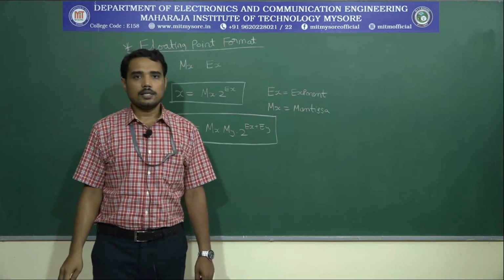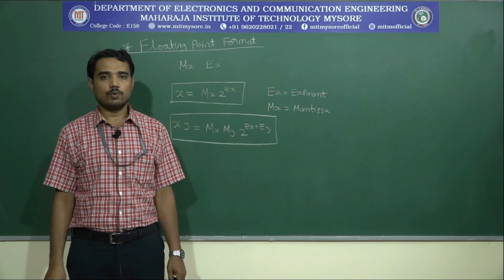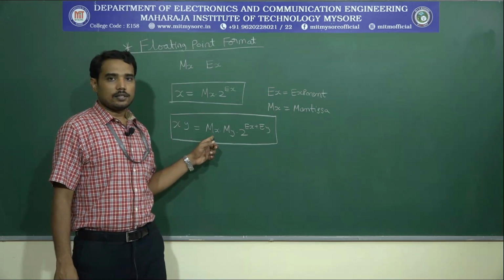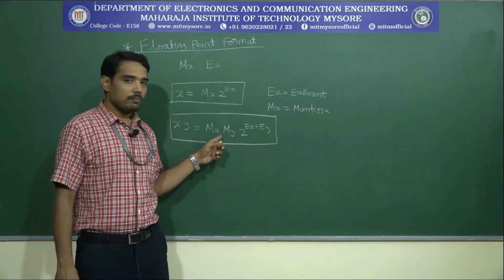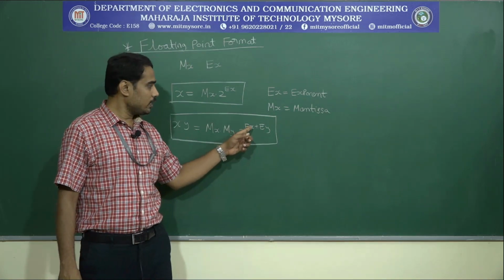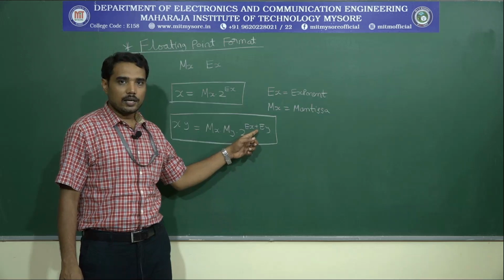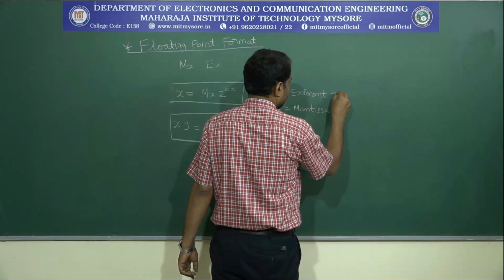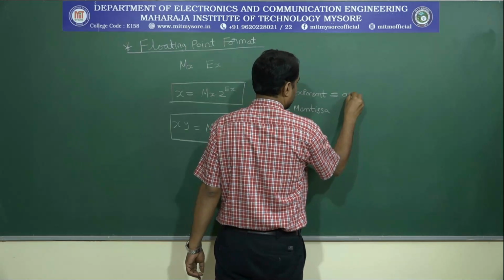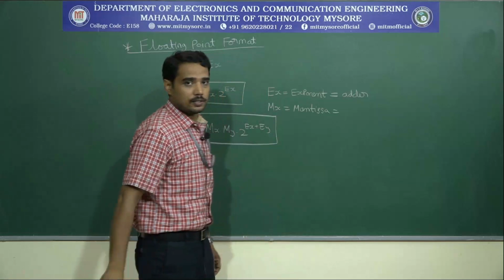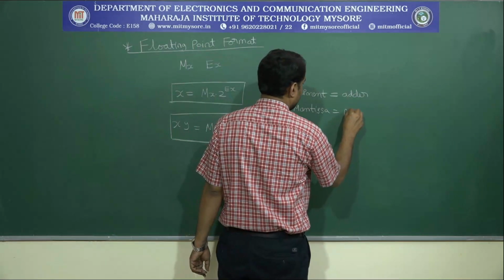Here we are taking an example of a floating point multiplier. In that case, we require a multiplier for the mantissa part and an adder for the exponent part. The exponent part is constructed using an adder, whereas the mantissa part is constructed using a multiplier.